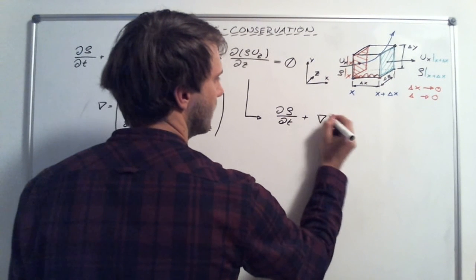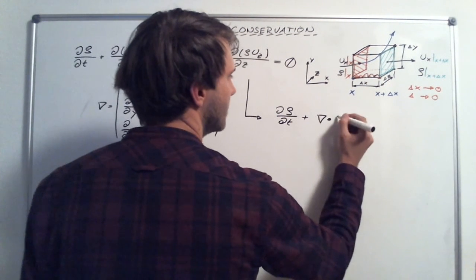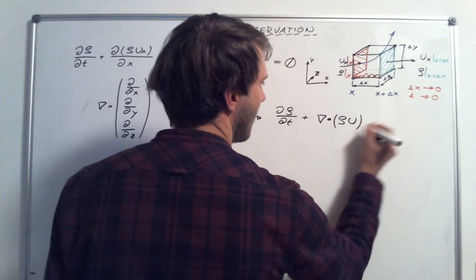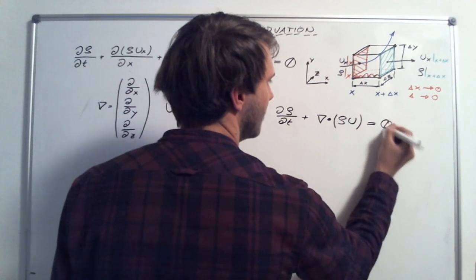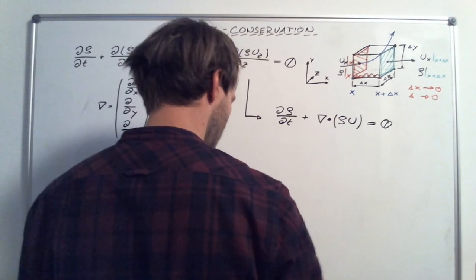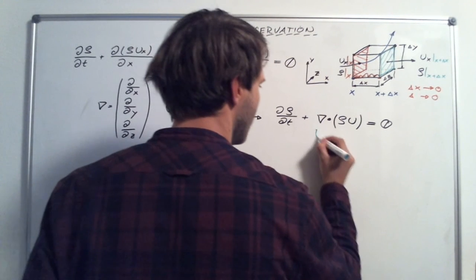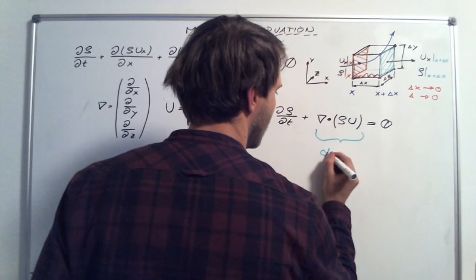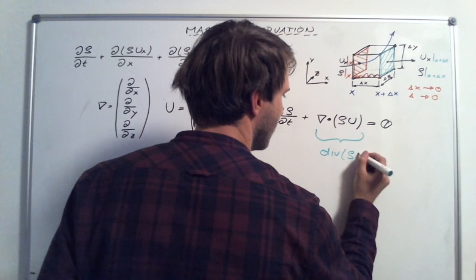partial rho over partial t plus, the big bullet is the divergence operator, divergence of rho u.